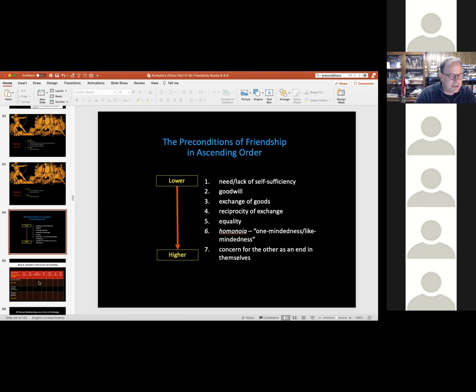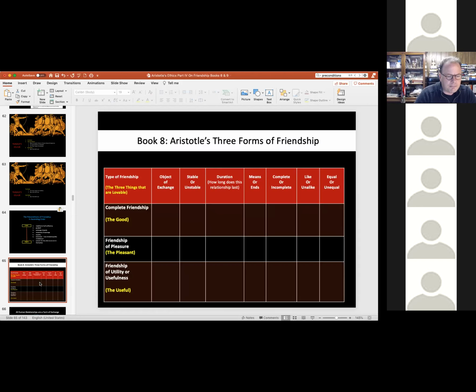Now what we need to do is we're going to get into understanding these three forms. And I want to look at the model of exchange in just a minute, but I want to say one thing about these three forms. They're really easy to understand when you understand one thing. Each form of friendship is defined by a different object of exchange.